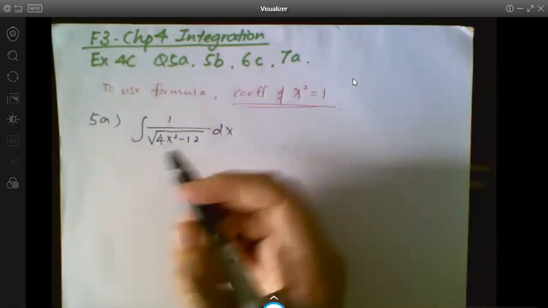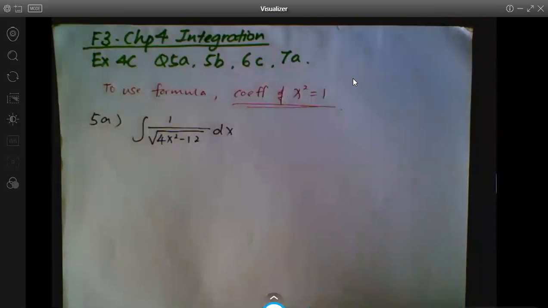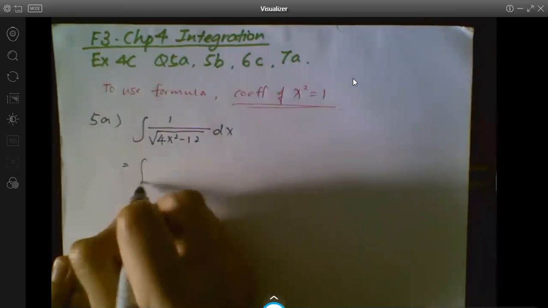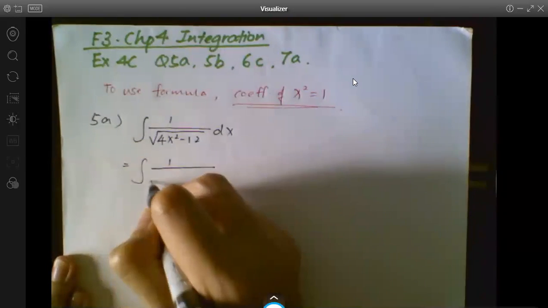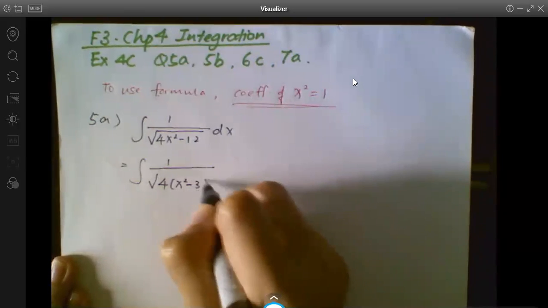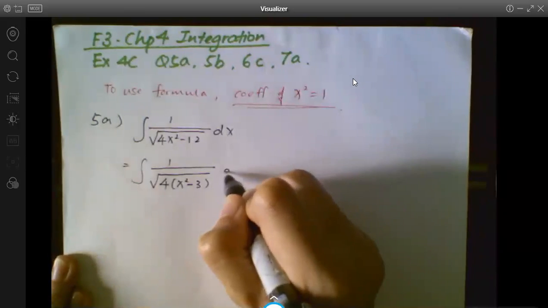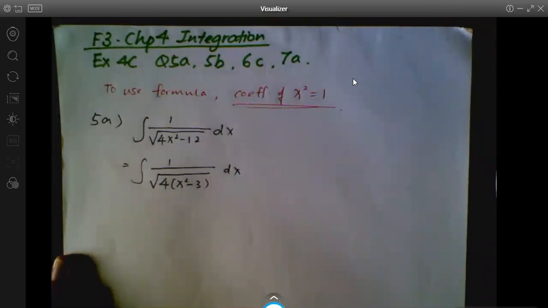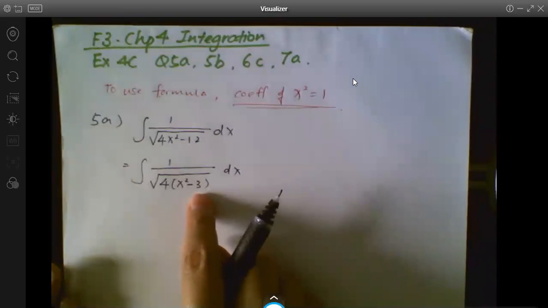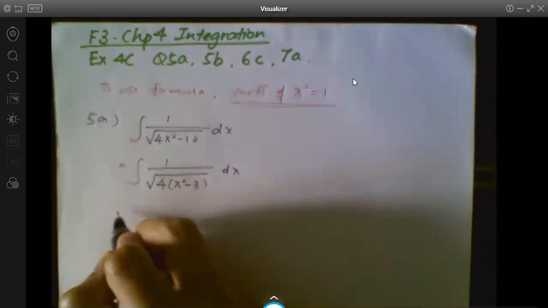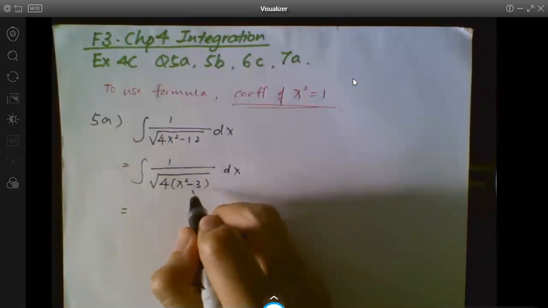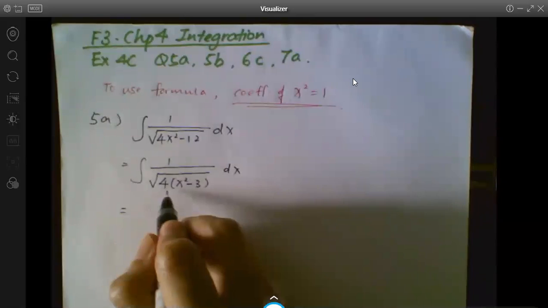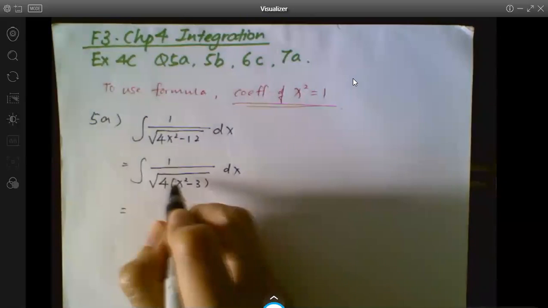Here there's a 4, so I will take out 4 such that we have this. However, the formula gives us a squared, so I'll try to simplify it into x squared minus a squared. And I will take out 1 over square root 4, which is half.